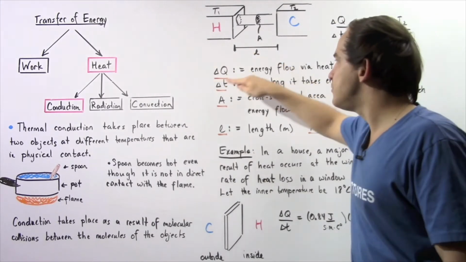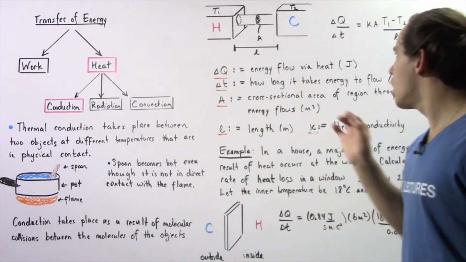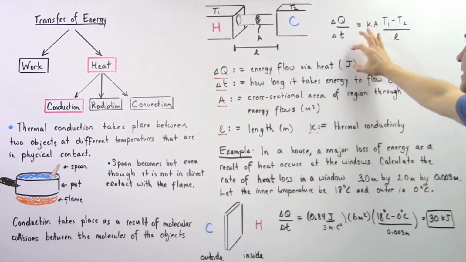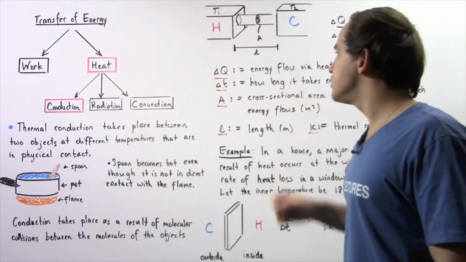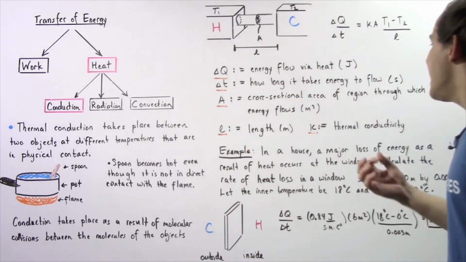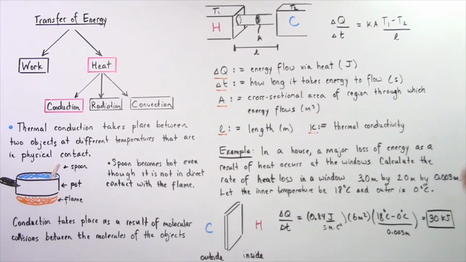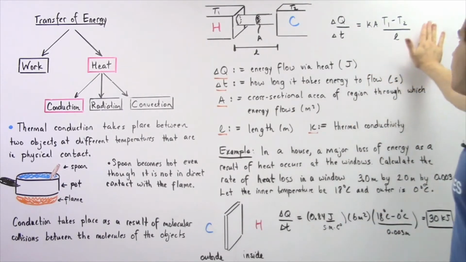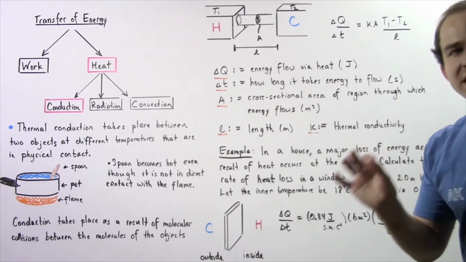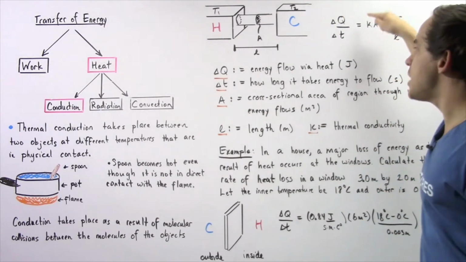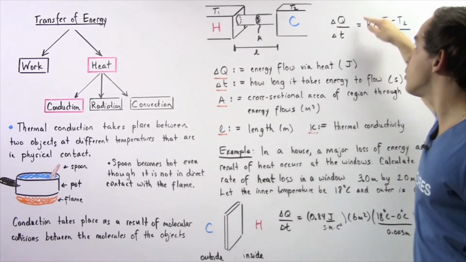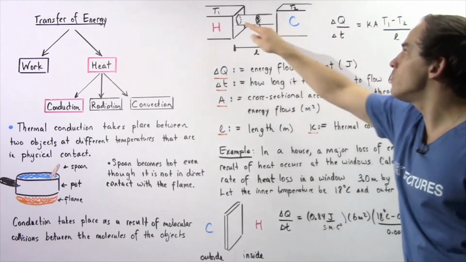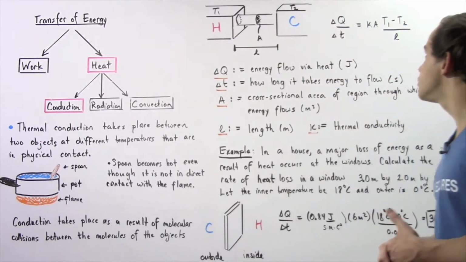Let's suppose the change in Q is the energy flow via heat, and that's given in joules, and the change in time is how long it takes the energy to flow, given in seconds. Then we can use the following equation to give us the rate of change of our energy, or the rate of energy flow through the following section.